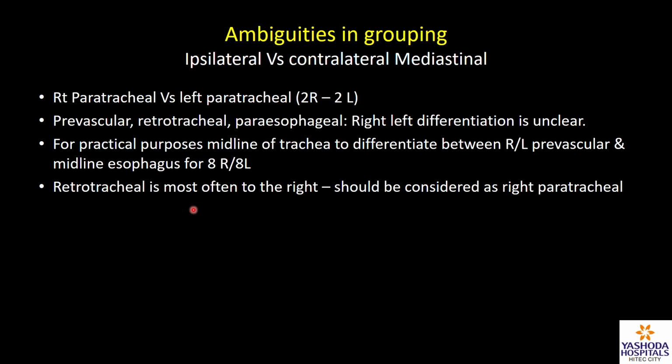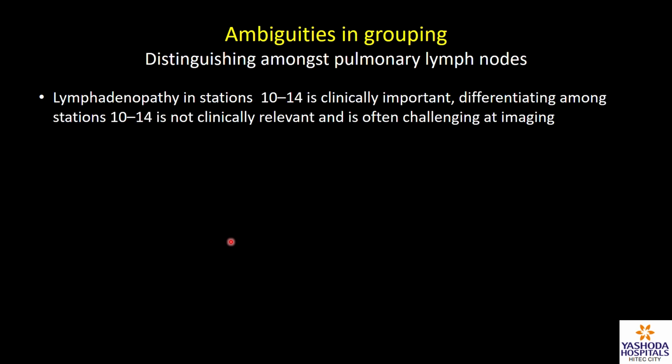For practical purposes, the midline of the trachea can be used to differentiate prevascular right and left, and the midline of the esophagus for differentiating between the 8R and 8L groups. Retrotracheal nodes are most often to the right, because on the left side there is the esophagus. So most often they would be towards the right, and they should be taken as a right paratracheal region.